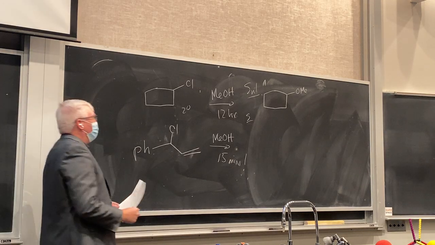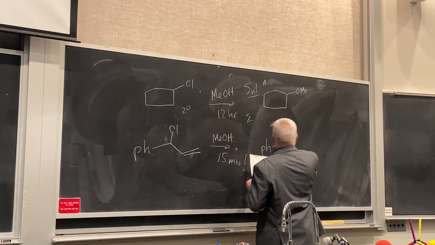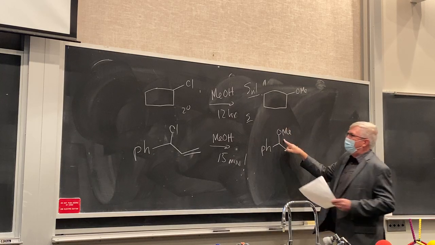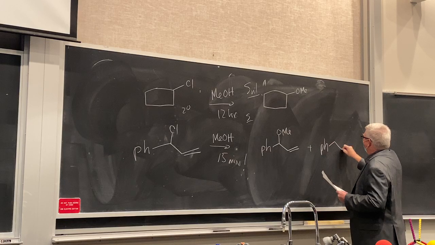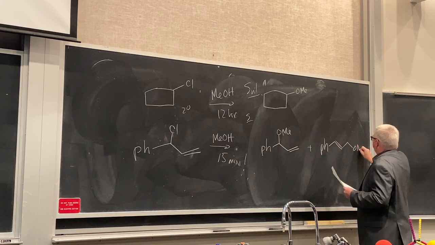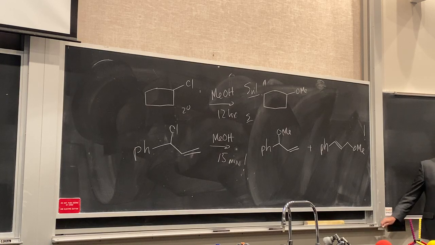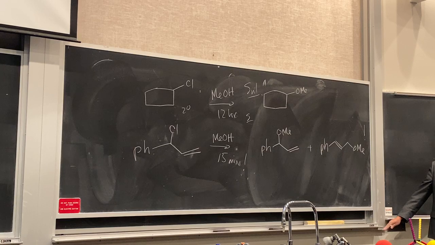And notice I said products in this case. You get this product, which is the SN1 reaction, and you get this product. Two products. Oh, and look at that, it's a primary position. How did we do that?